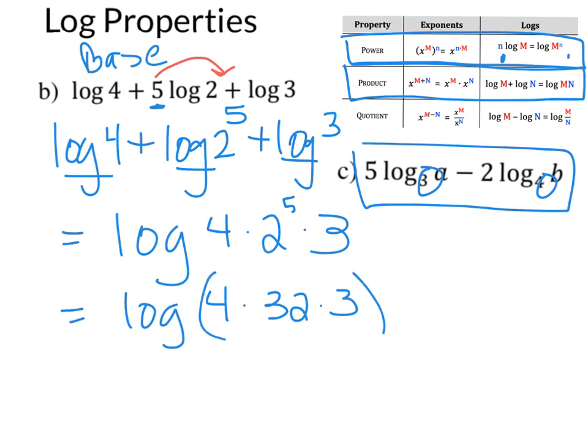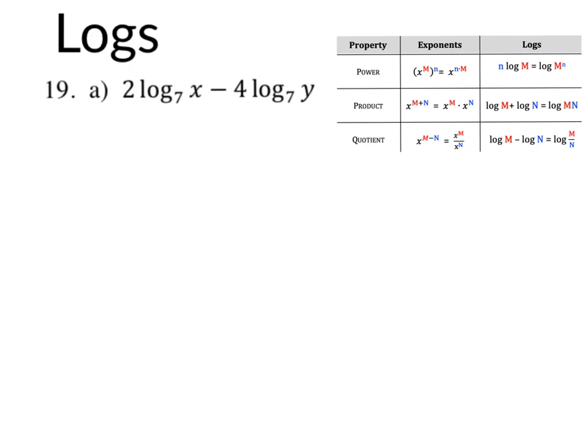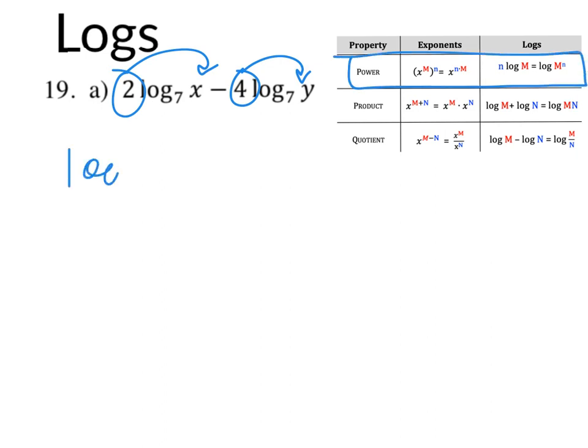All right, so next is this problem. It has x's and y's. So what we're going to do here is, again, the exponents are going to go first. And that, again, is the power property. So we're going to have log base 7 of x squared minus log base 7 of y to the 4th.